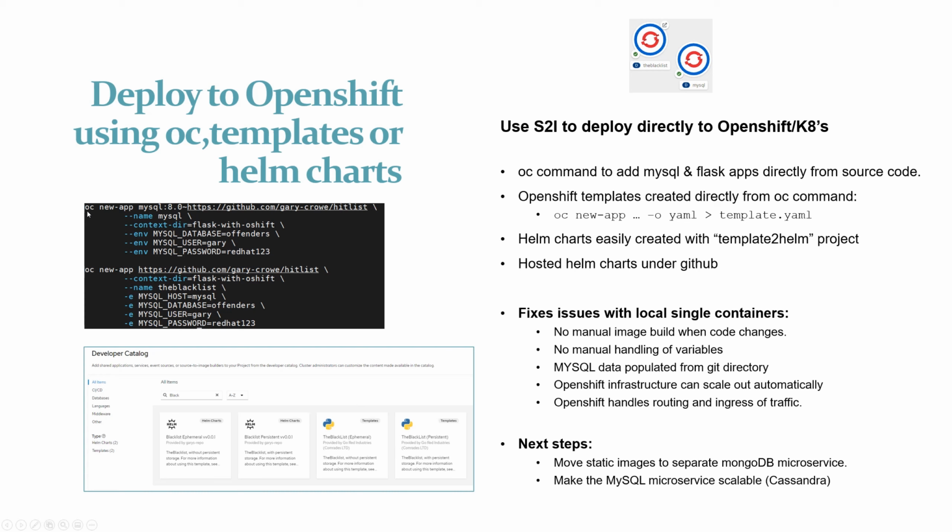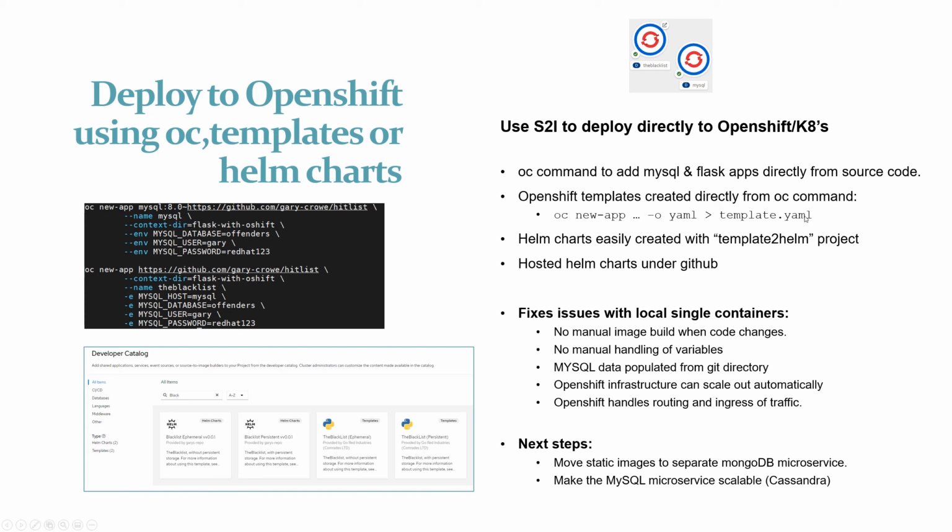So a knowledge of the OC command is not required. So how I've done this, I've created templates by dumping out these commands effectively as YAML into a YAML file and then editing and taking out the superfluous information.